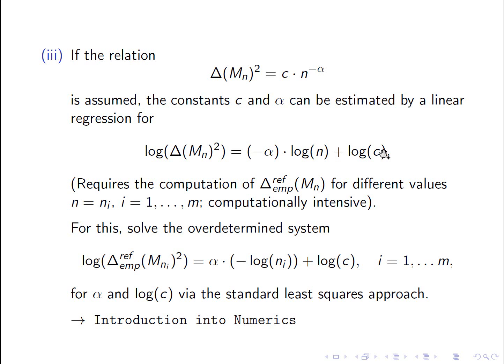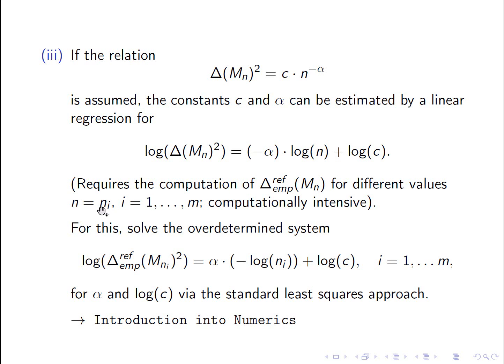And well, next step would be to compute our empirical root mean square error for different values of ni. Well, this is clearly computationally intensive, but it's a study of the error, and the study of the error can take as long as one likes, because it's not used for the simulation itself, but to say something about the method itself.